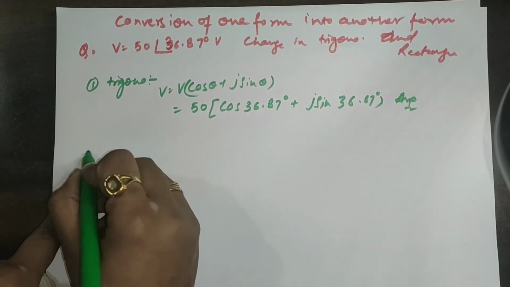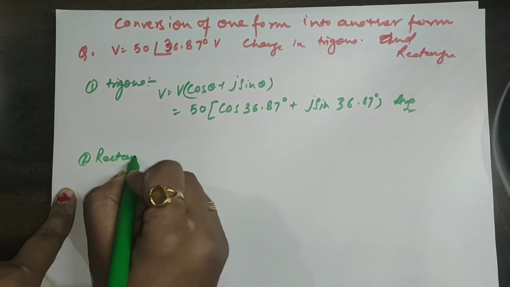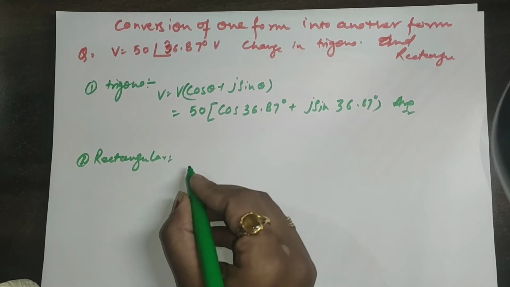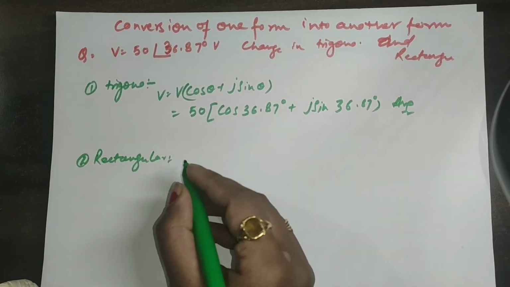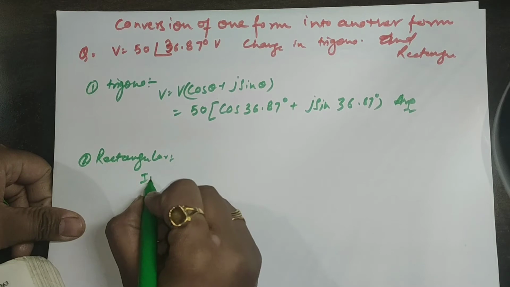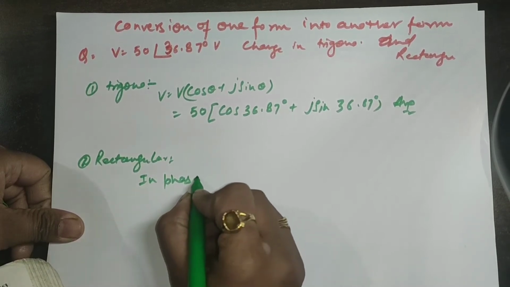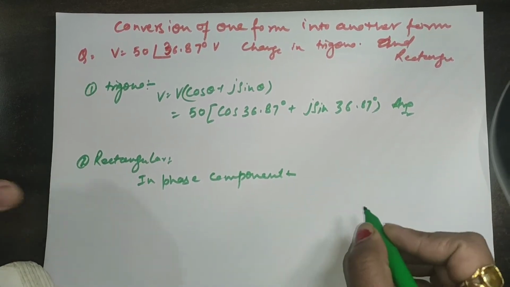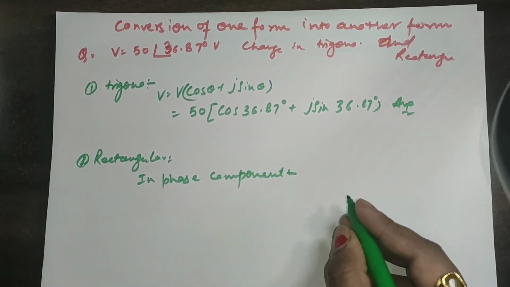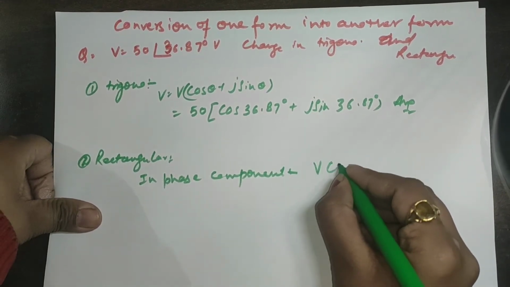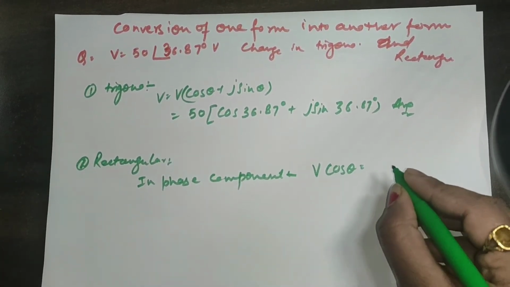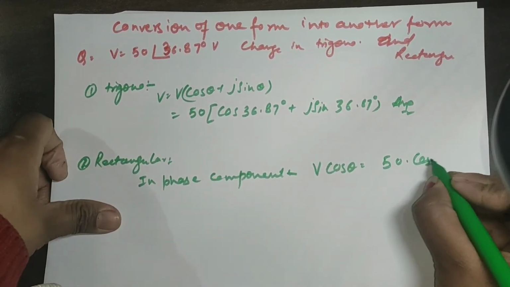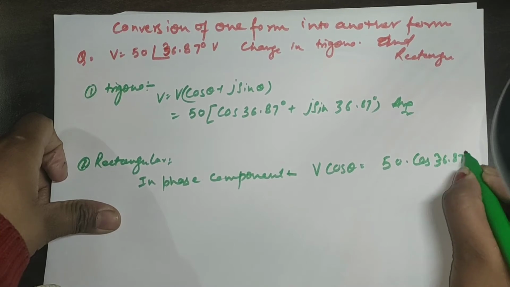Now in rectangular form, because you have to change the polar form into rectangular form also. In the rectangular form equation, the in-phase component, or A, or we can say the active component, that we have discussed in this lecture, is V cos theta. So here V is 50 and cos 36.87 degree.